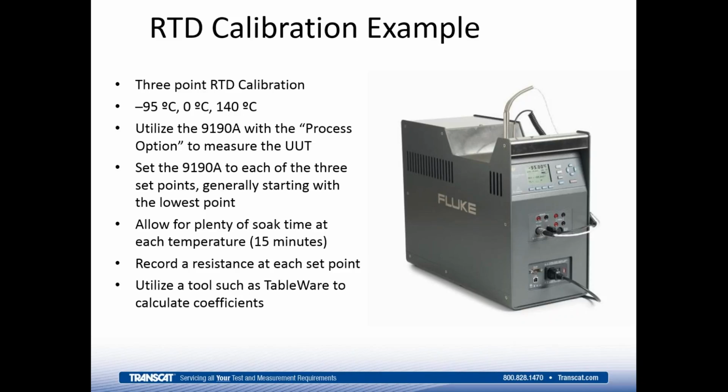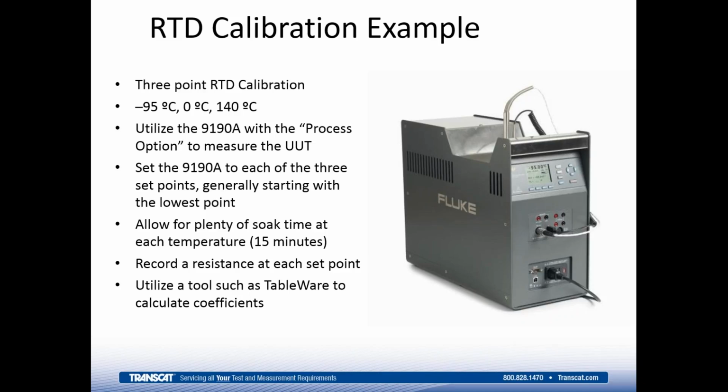I could connect the probe directly to the front of the instrument, and a reference thermometer if I chose to as well, and run an automated calibration that did 3 points from -95 to 140. It would go to those temperatures, stabilize according to the criteria I set, and record all of the data, and then I can get that data out later through either USB or RS-232, and that would be a very easy calibration.